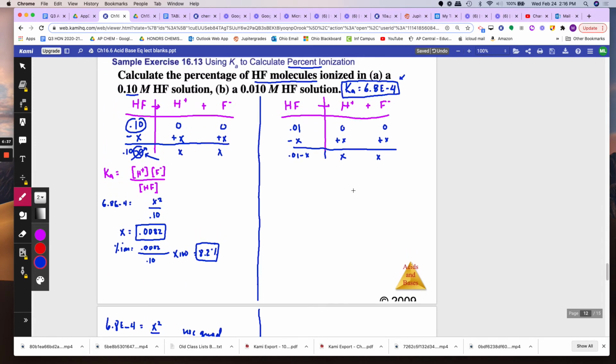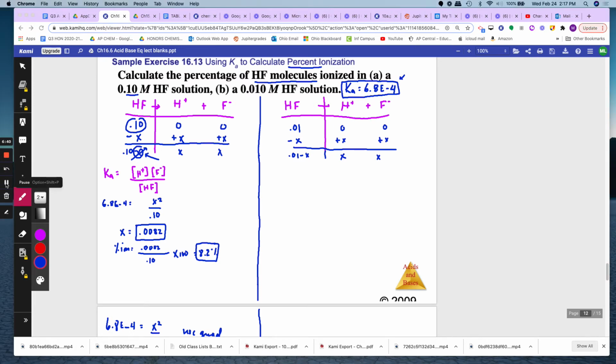Now do the same exact thing on this side. Plugging into the same equation, Ka does not change here. 6.8 e negative 4 is equal to x times x divided by 0.01 minus x.